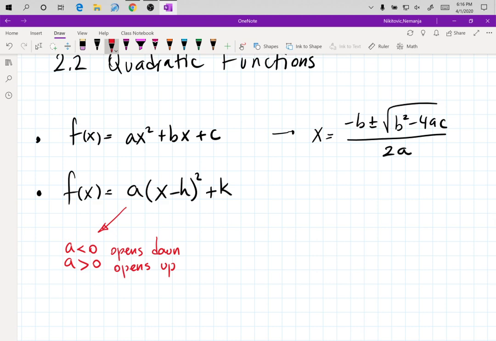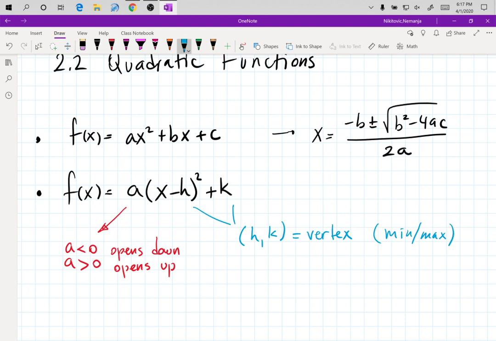So this a is amazing. And then we also have h and k, which is h comma k, which gives us the vertex, which is the minimum or the maximum point, depending which way the graph looks like, right? If it opens up, it has a minimum. If it opens down, then it has a maximum.